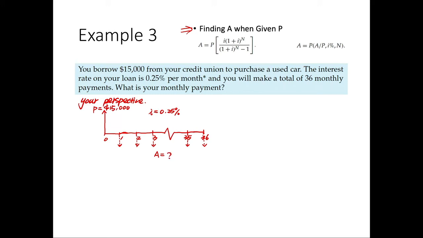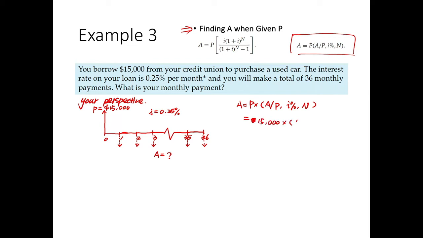And then, so now you want to use this equation, okay? So A is P times a factor. That factor is to find A given P and I% and N. So what is P? P is 15,000.